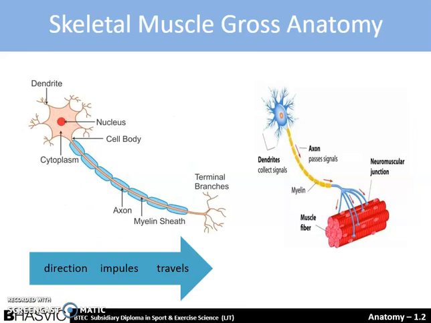The final section of the skeletal muscle gross anatomy is the neuron and the neuromuscular junction sites. To start off, the impulse travels from the head of the neuron cell down the axon, through the myelin sheath, the insulator, speeding up the rate of electrical impulse travel, to the axon terminal branches and across the synapse.